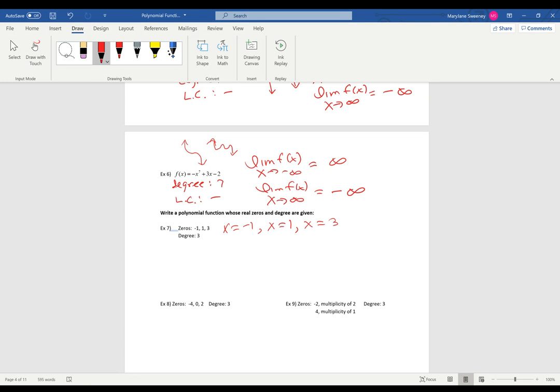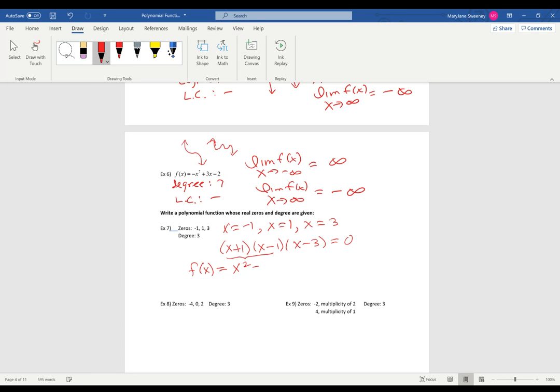So if I were solving a function who had those zeros, the factors would be this, right? If I set that equal to 0, those would be the factors I would need to get those zeros, which means that the polynomial function would be if I multiplied all of this together.